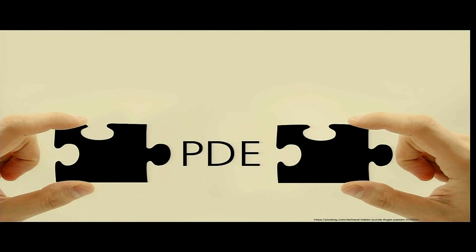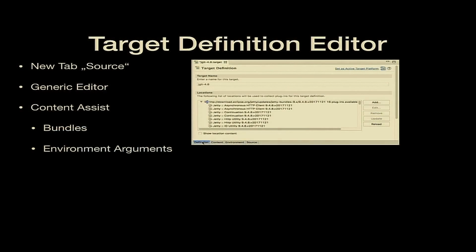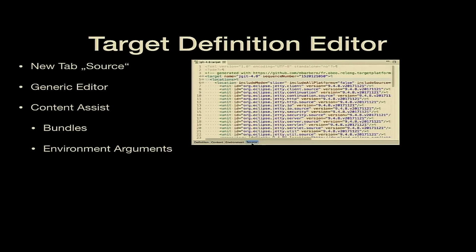Let's have a look at PDE. One thing that also sucked was the target definition editor. It was sometimes almost unusable. But it now has a new tab called Source. Now you can edit the source of the target definition file directly and don't have to open another editor.